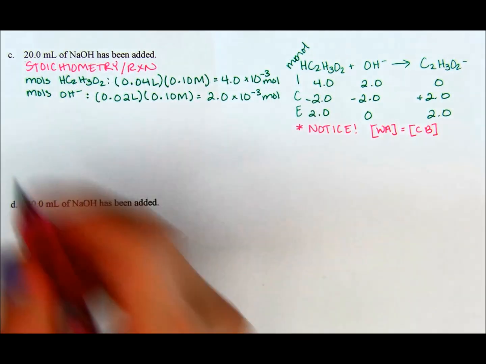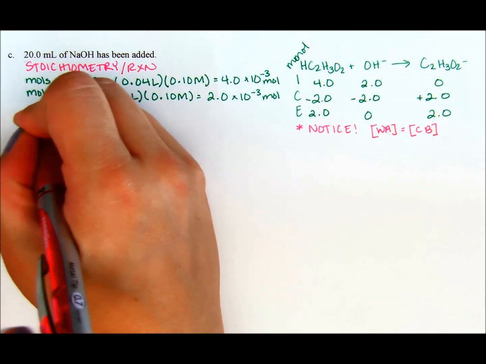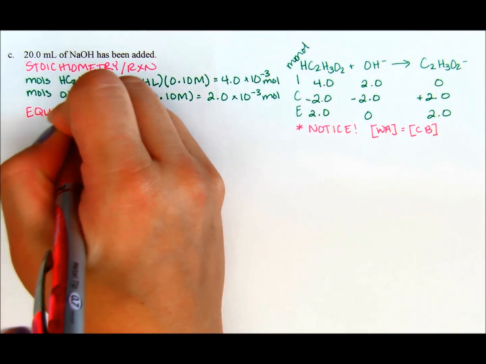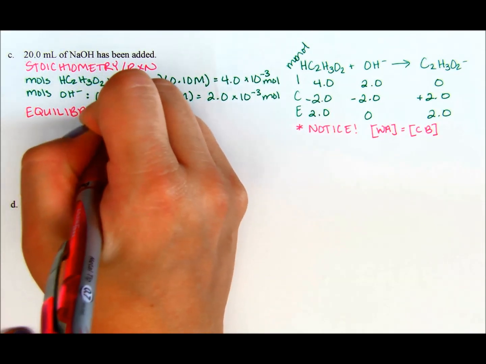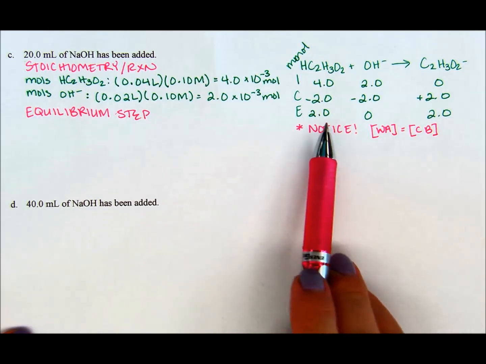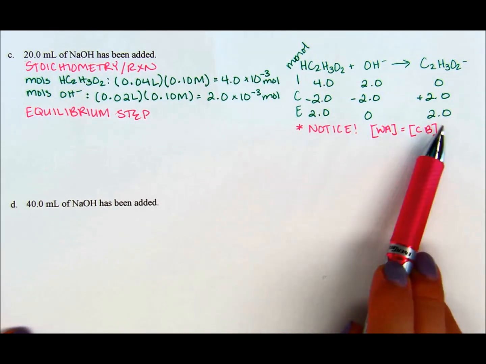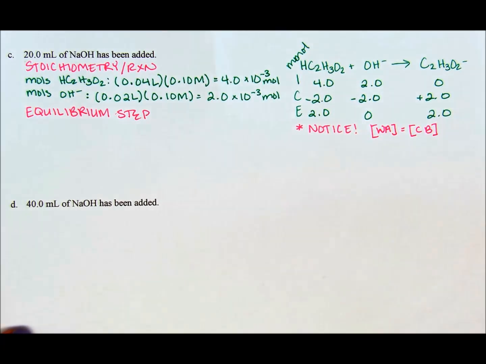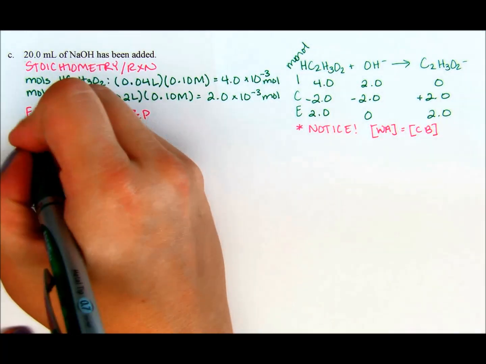Okay, so that was our first step. So let's go ahead and do our equilibrium step. And again, you have a buffer system here because you have your weak acid and the conjugate base both present. You can go ahead and use the Henderson-Hasselbalch equation.